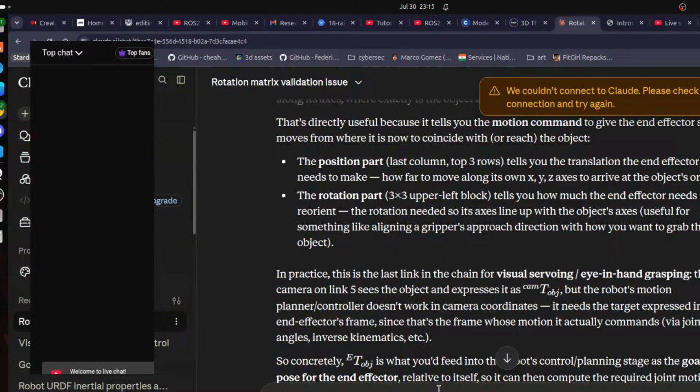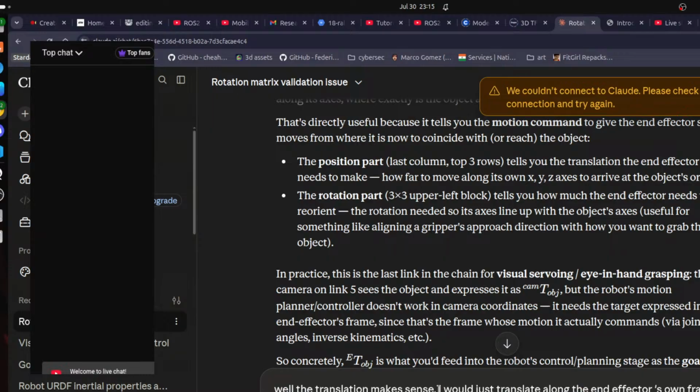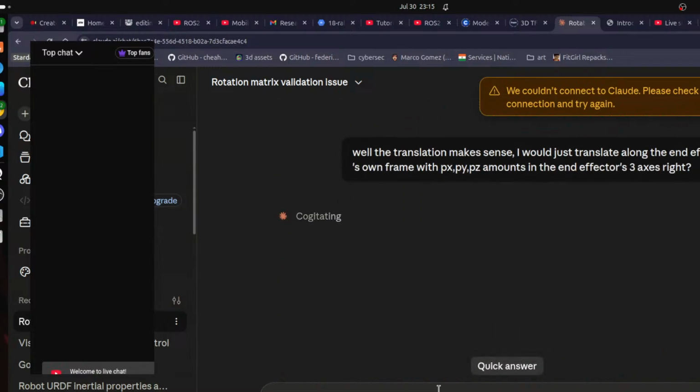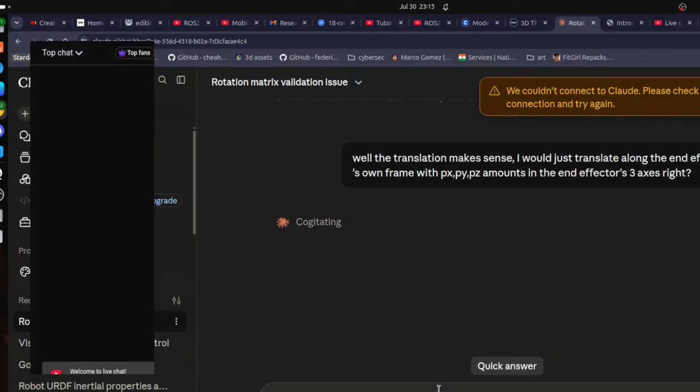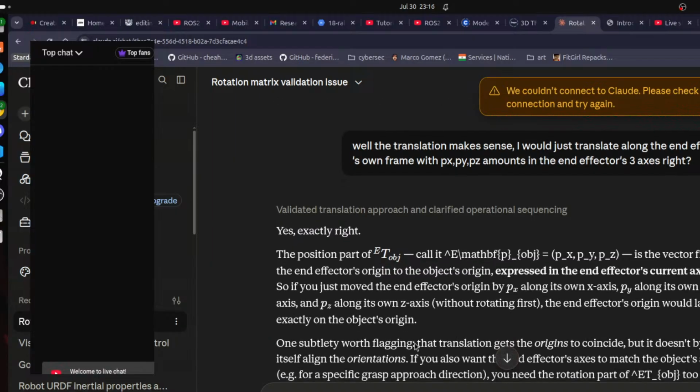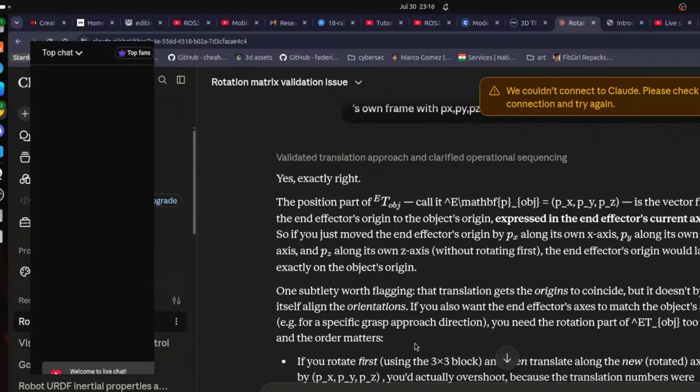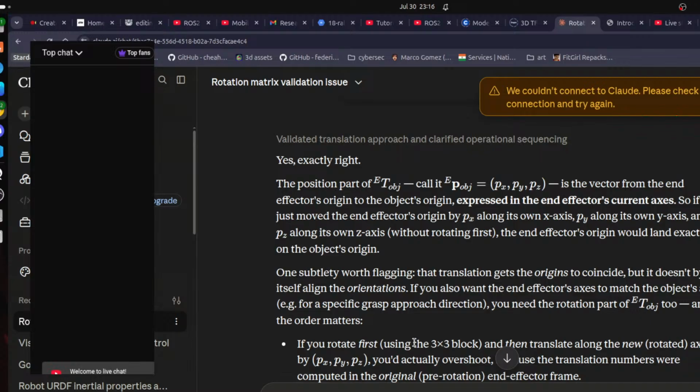I would just translate along the end effector's own frame with px, py, pz amounts in the end effector's three axes, right? Just move the end effector.